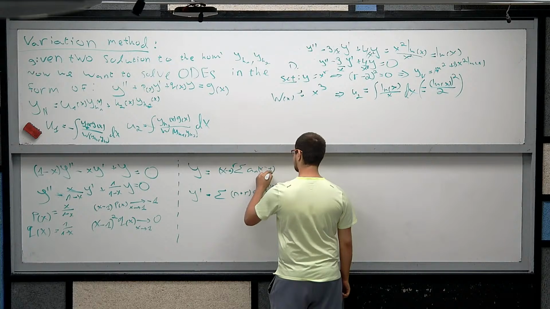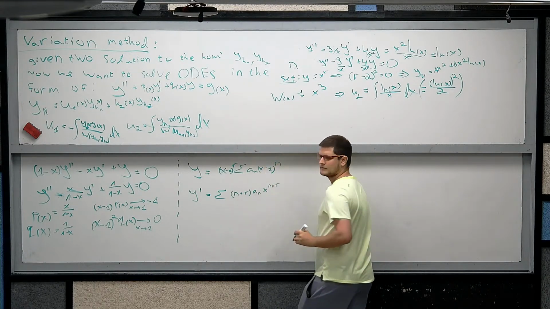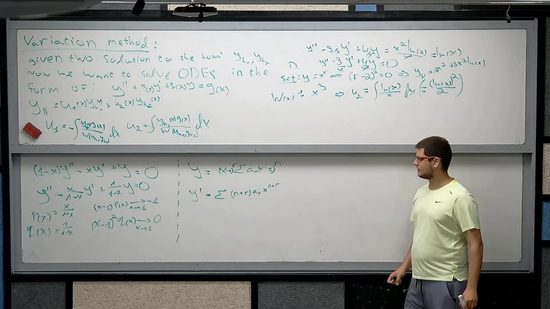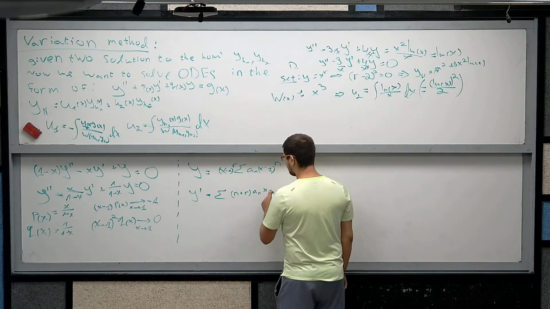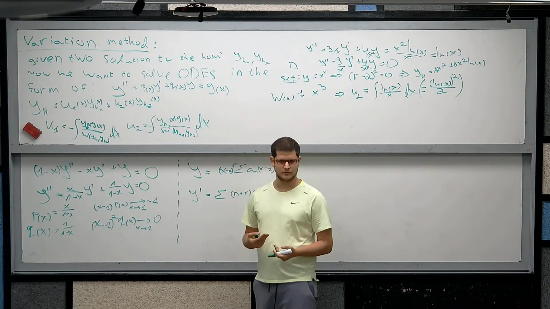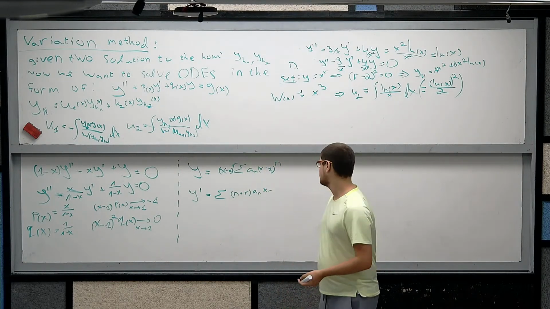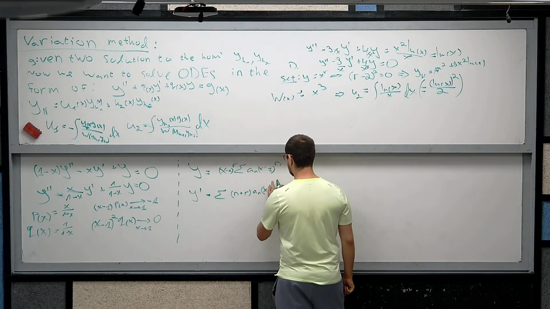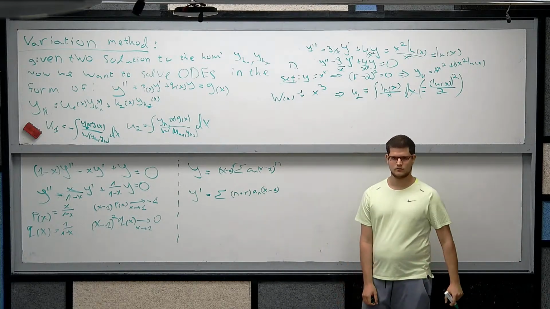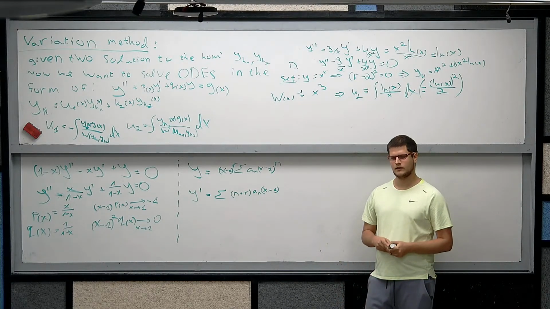We're not focused and not listening to me, because I'm supposed to write x minus 1, since we're doing a perturbation around 1. No, actually not. If you take the power expansion around 1, then the convergence radius will be 0.